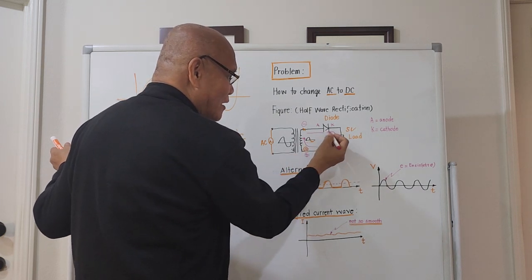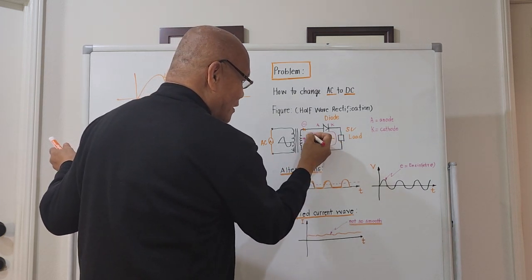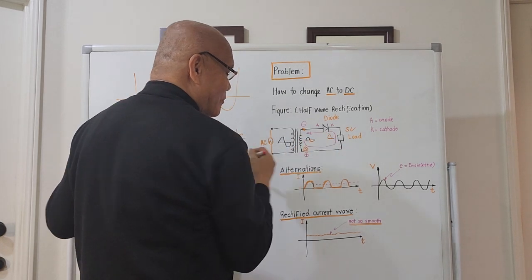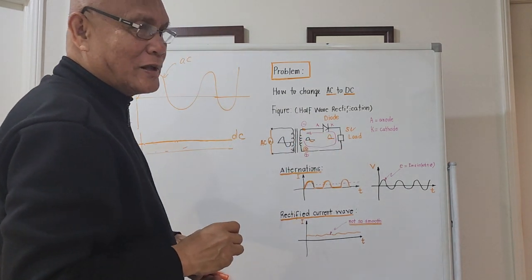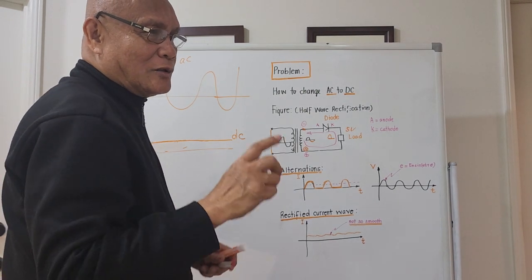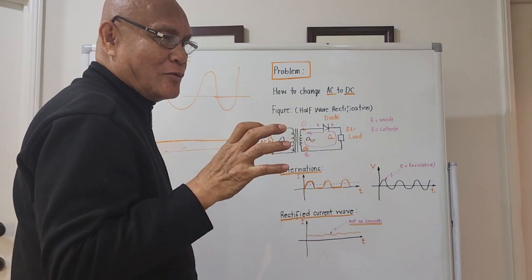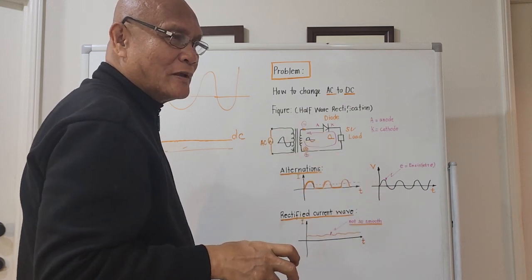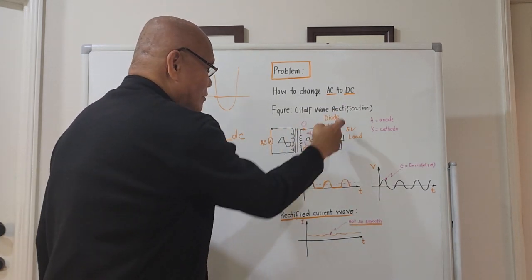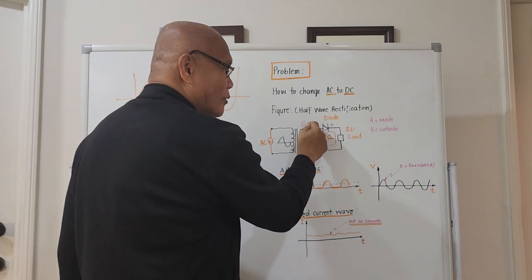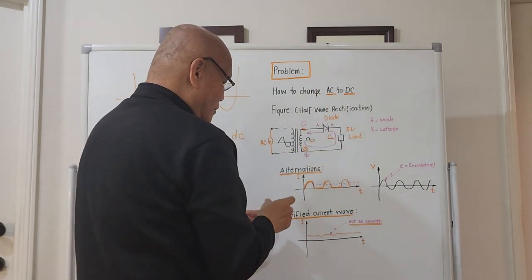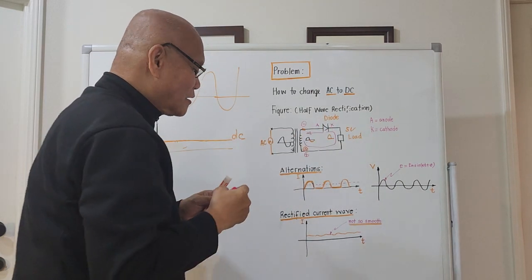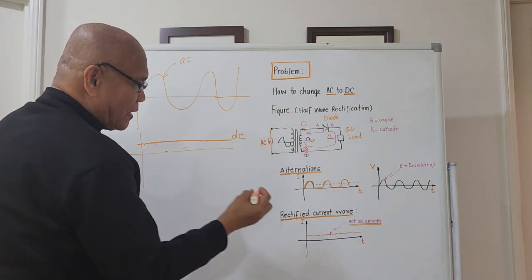The current in the negative alternation could not pass here because a diode is actually just like a switch. It will just let the alternating current pass only in one direction, that is from anode to cathode. But from cathode to anode, current cannot pass through the diode. Right? So during the negative alternation, the current is this one.